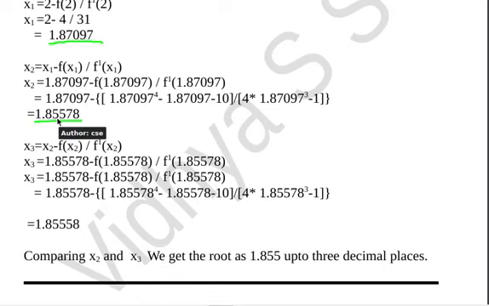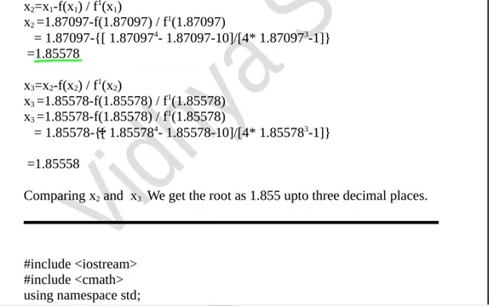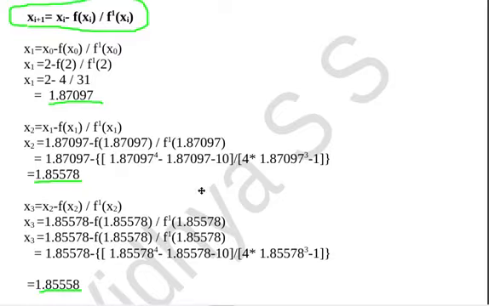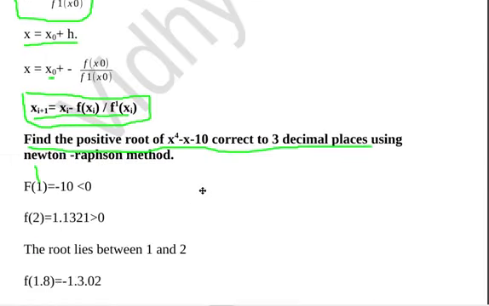Putting the value of x2 in f of x2 and f dash x2, you will get x3 as 1.85578. See here, for 3 decimal places, I got 855 and 855, the same result, so I can stop the iteration. This is how we find the solution of the equation using the Newton-Raphson method.